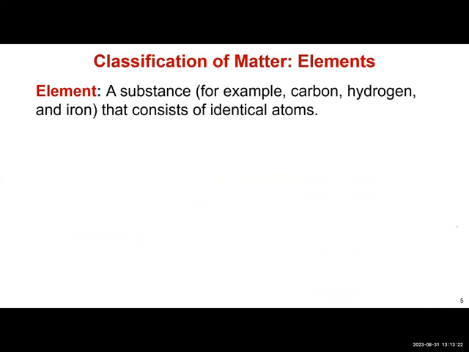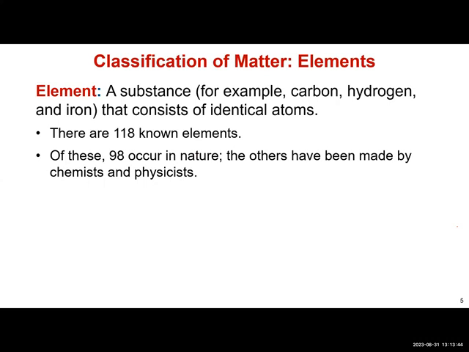An element is a substance, for example carbon and hydrogen and iron. They have identical atoms. There are 118 known elements, which are listed in the periodic table. Of these 118, 98 of them occur in nature. Others are unstable, radioactive.